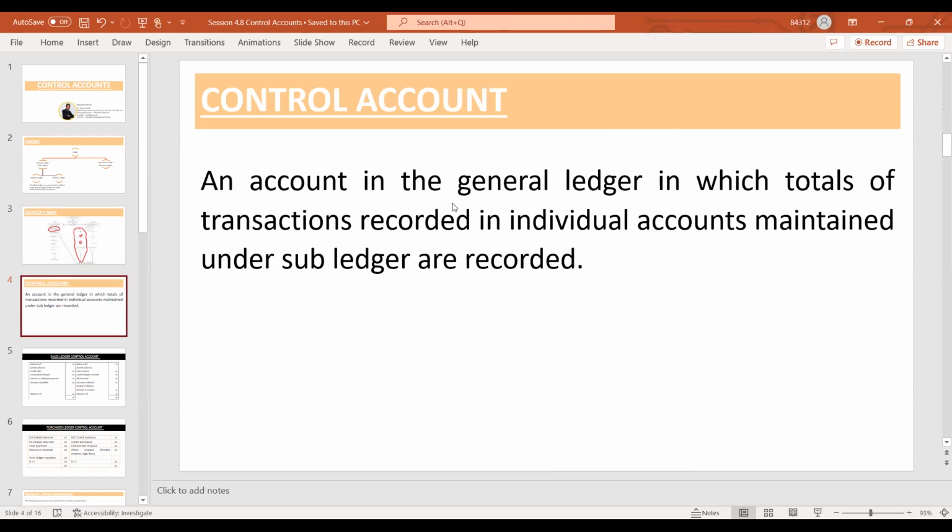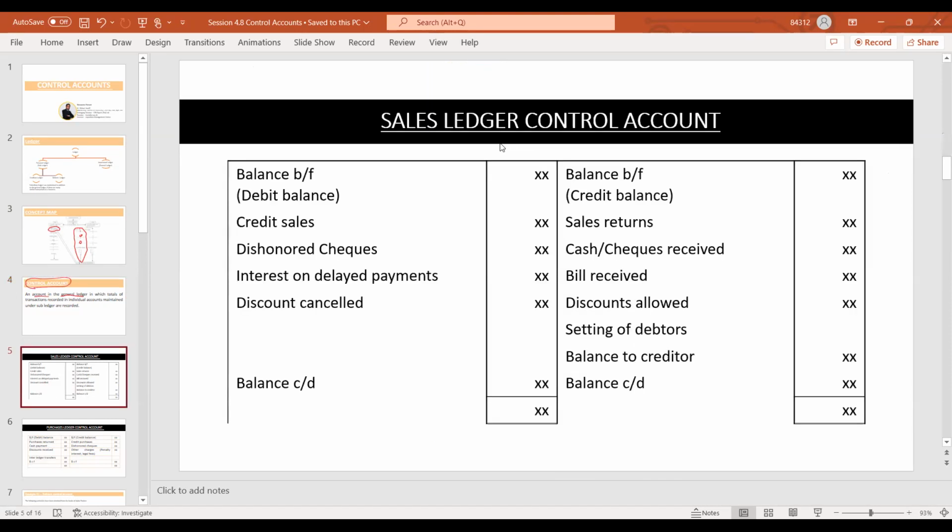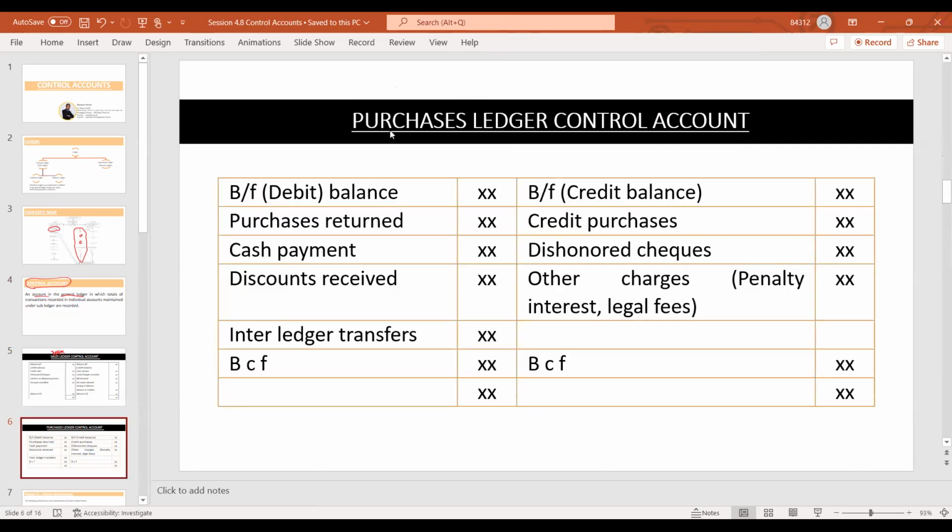Then what is a control account? It is an account in the general ledger where total transactions recorded in individual accounts are maintained. In control accounts, we have the total amounts. This is the format. Sales ledger means debtors. I'll explain this again. This is purchases ledger, means creditors.